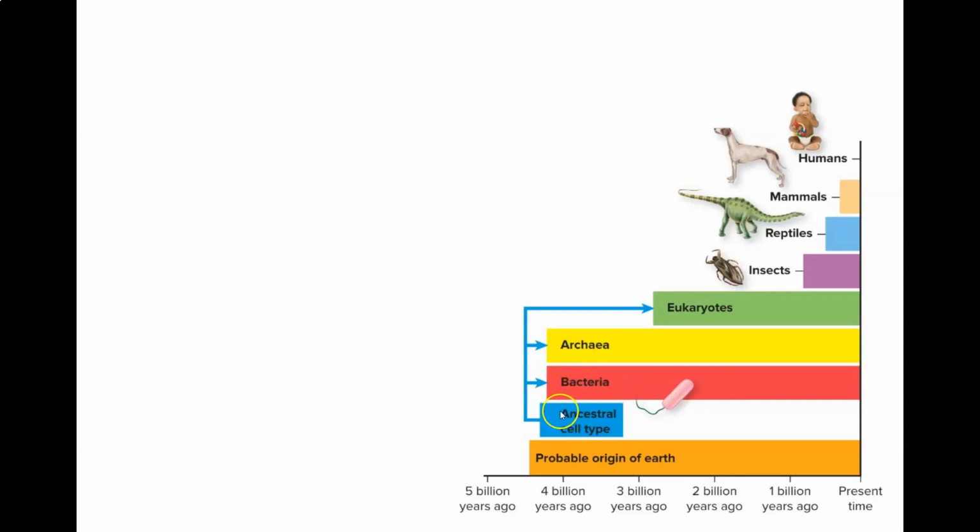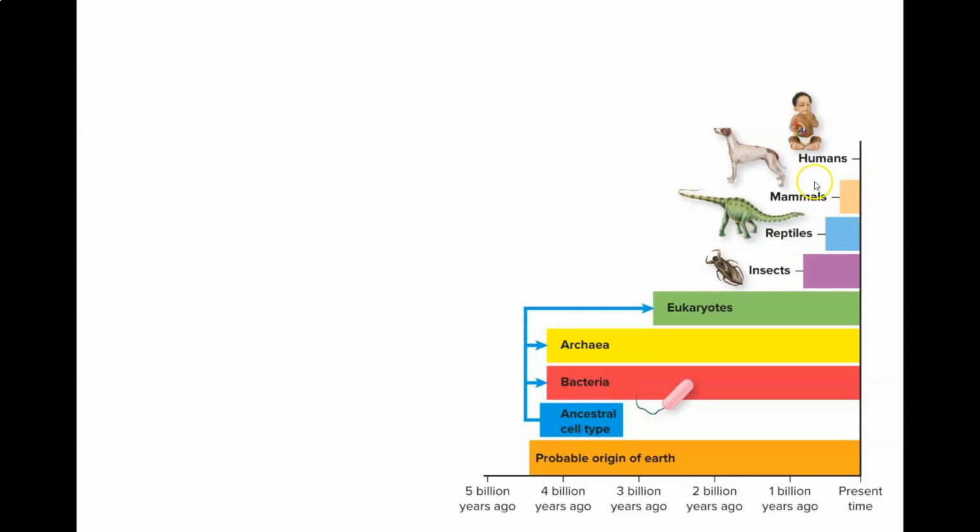And again, from the ancestral type evolved the archaea, another group of single-celled organisms. And over time, more complexity and evolution occurred until you have more complex organisms called the eukaryotes. And with the eukaryotes, you have the evolution of different types of animals, such as insects and reptiles and mammals, and eventually we have the evolution of humans.